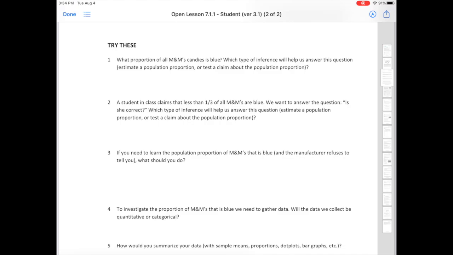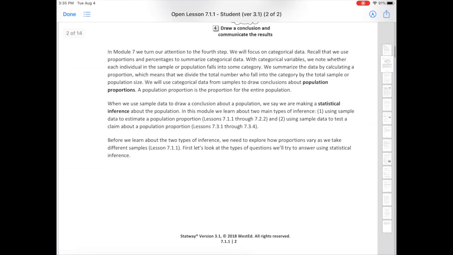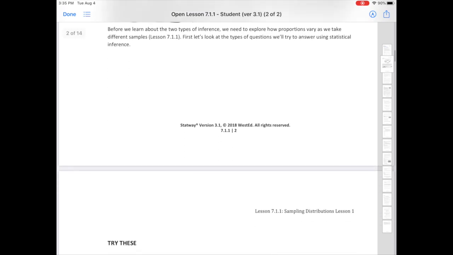So let's go back. Remember, we said there are 2 types of inference, right? The first is using sample data to estimate a population proportion, and the second is using sample data to test a claim. Are we testing a claim here, or are we actually estimating a population proportion?